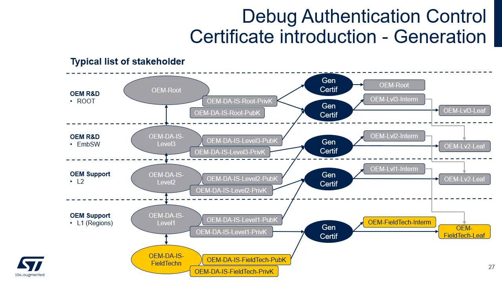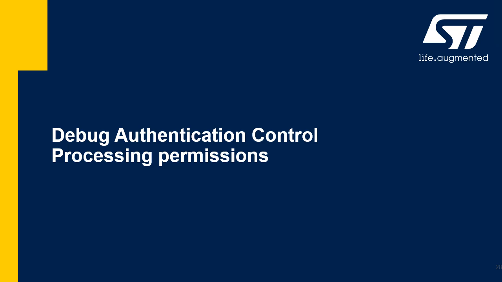At each level, a certificate is generated that includes the public key of that level and a signature obtained by the private key of the upper level. A chain of certificates links the key used to sign the authentication token to a set of 1 or more trusted anchors. Now, after having described permissions and certificates, we can explain how permissions are dynamically processed.